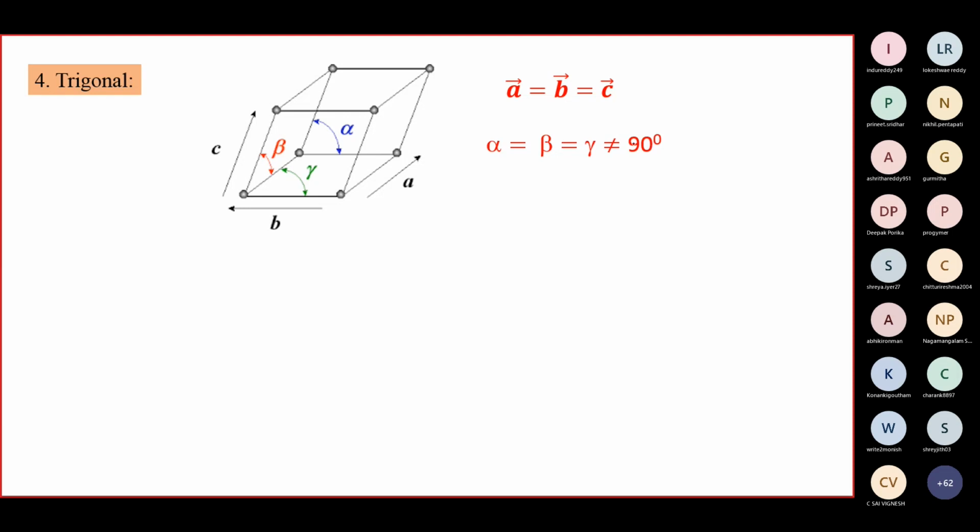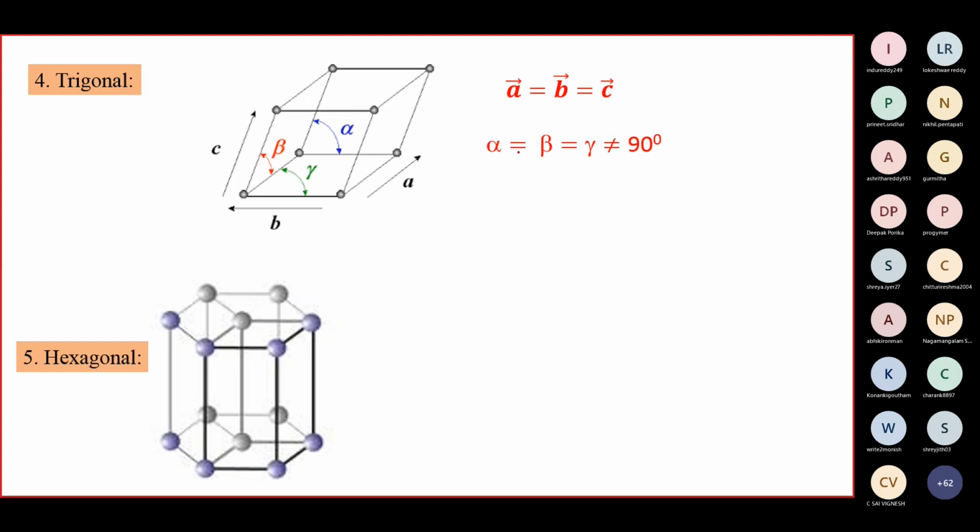One thing we should remember: the twisting force we apply should be equal in all the directions. So the angles alpha, beta, gamma are equal, but not equal to 90 degrees. So this is basically a cubic structure twisted in all three directions. Trigonal, remember.